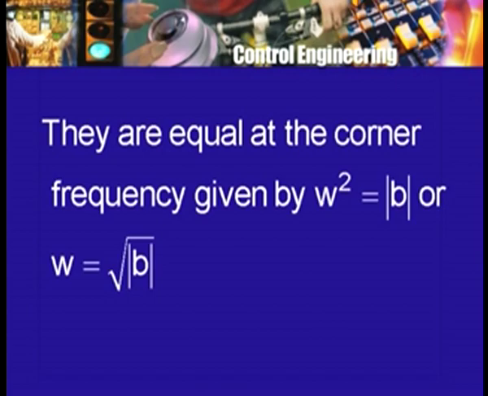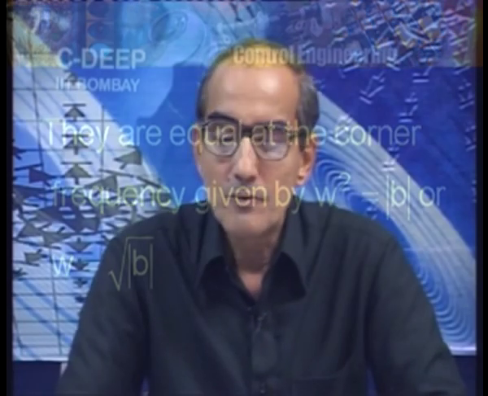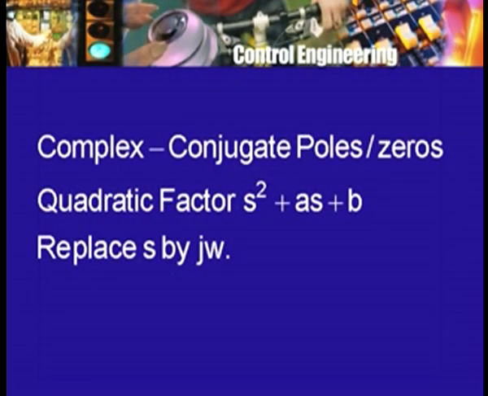Now, if the factor in the numerator or in the denominator is written like s squared plus as plus b, then of course there is no difficulty in seeing the number b and taking its square root, and that is the corner frequency for the approximate Bode plot for this quadratic, that is, the pair of conjugate complex poles or zeros.